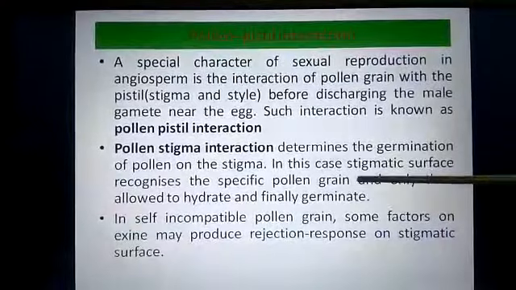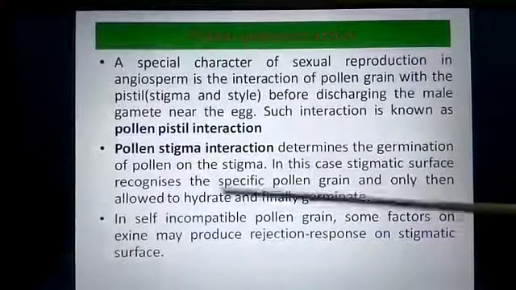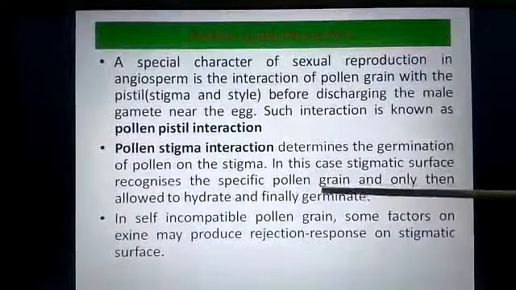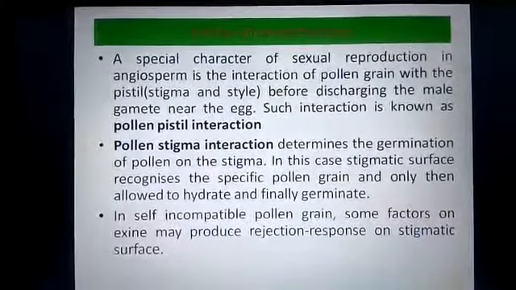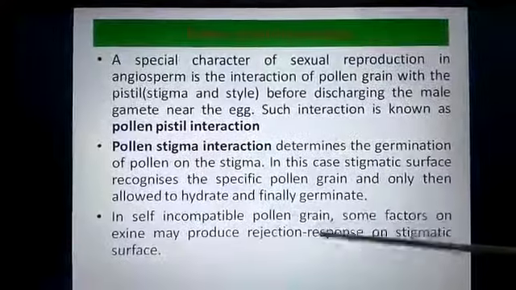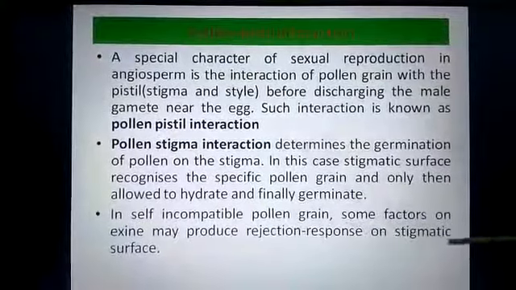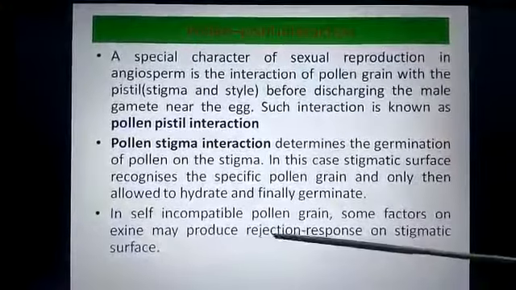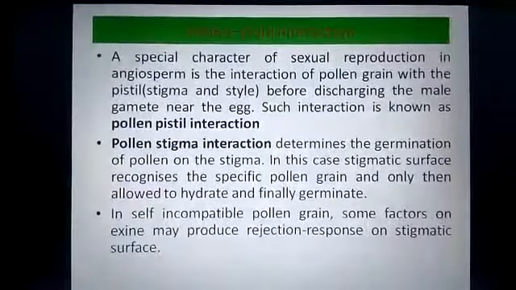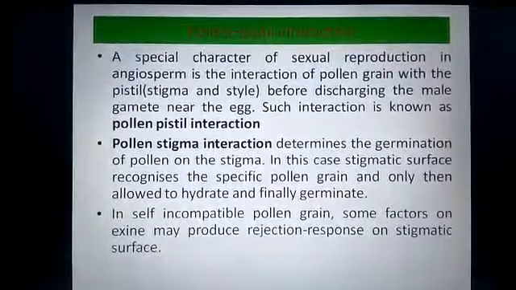Only when they recognize the correct type of pollen grain will the pollen grain be allowed to germinate. In self-incompatible pollen grain, some factors on the exine, that is in the pollen grain, may produce a rejection response on the stigmatic surface.